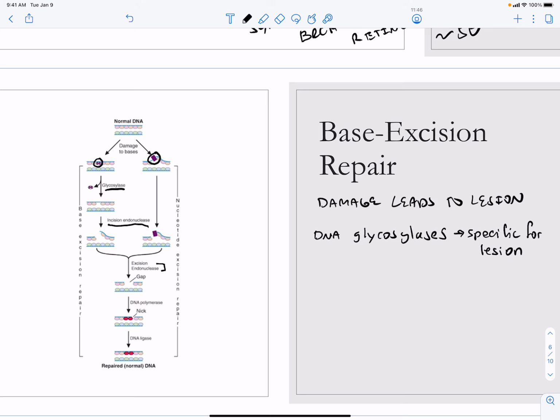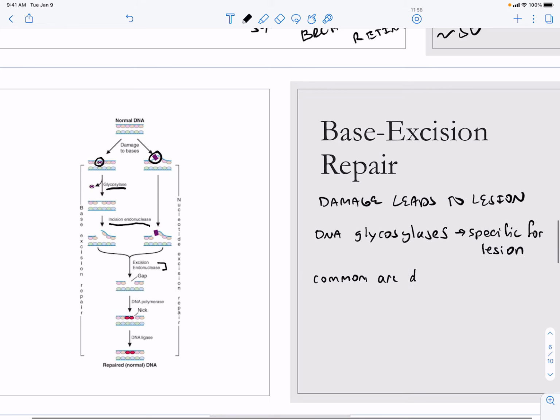So they are going to typically recognize the lesions, and a common lesion is deamination of cytosine or adenine. So basically, adenine or cytosine lose an amine group. And then you're going to have your glycosylases remove the base.